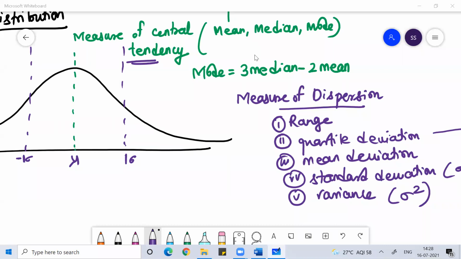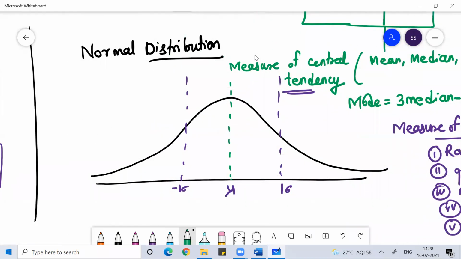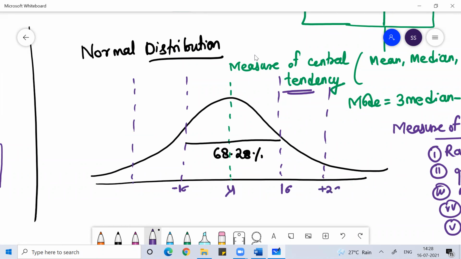When we talk about the normal distribution curve, guys, if possible, remember that under the normal distribution curve, around 68.28% of the data lies within plus minus one standard deviation. When we talk about two standard deviations, around 95.45% of the data will lie within plus minus two standard deviations.